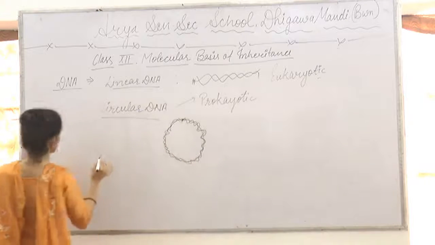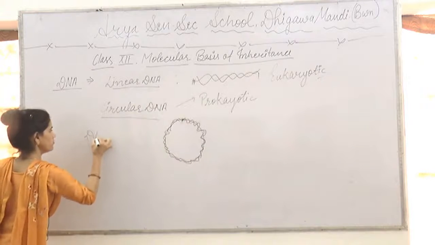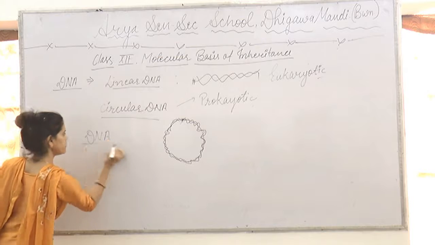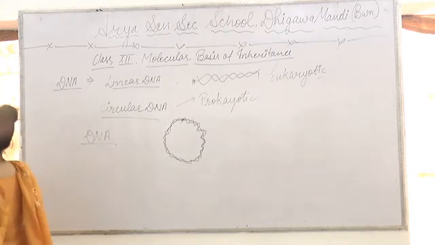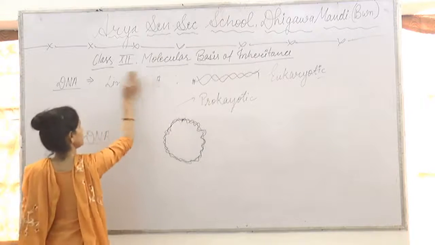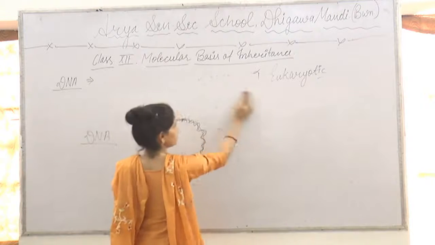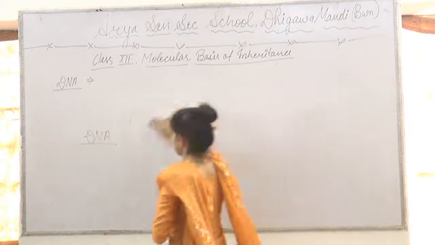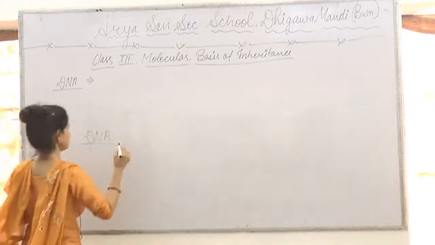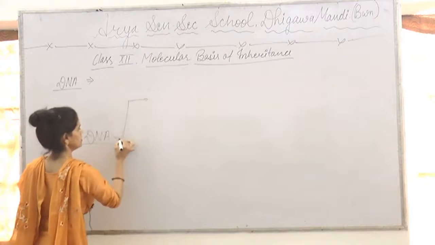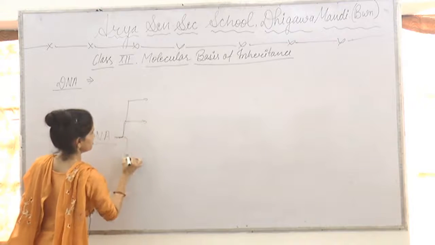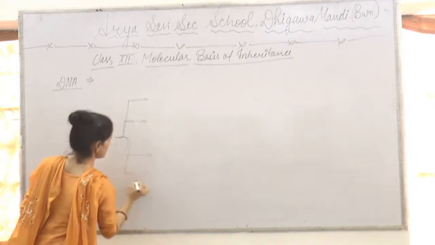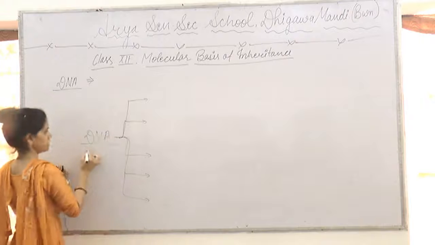Apart from these, there are other forms of DNA. DNA is found in 5 forms: aDNA, bDNA, cDNA, dDNA and gDNA. Let's discuss them.